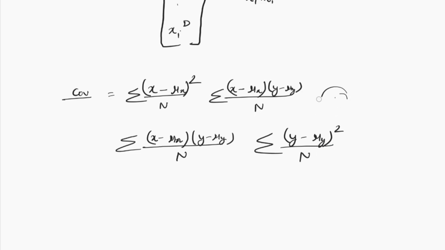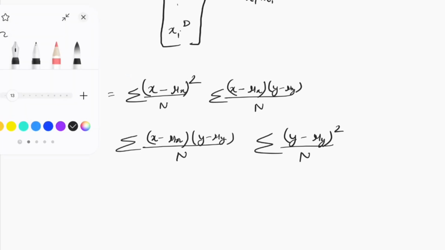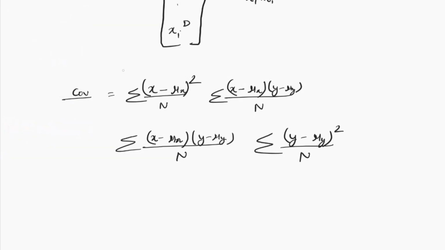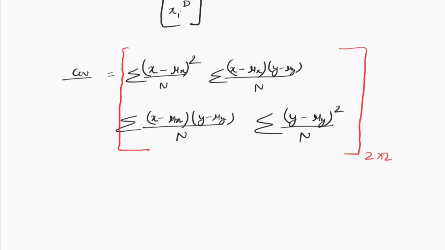So this is how the covariance matrix looks if you have only two dimensions. For simplification, I have kept only two dimensions, so it is a 2 cross 2 matrix.